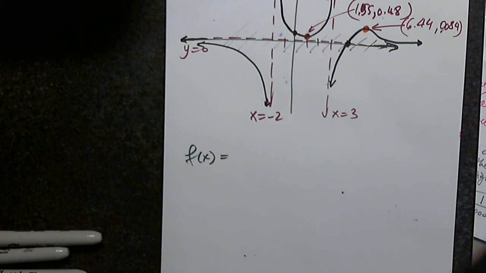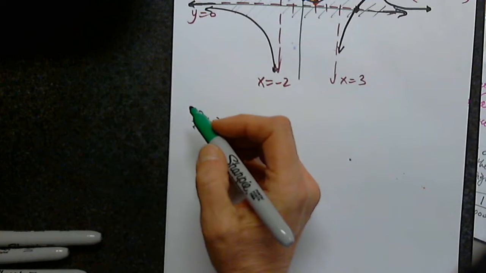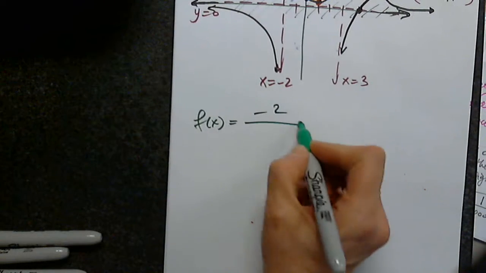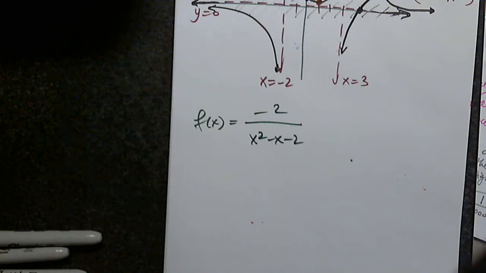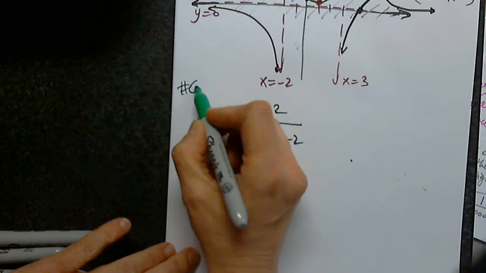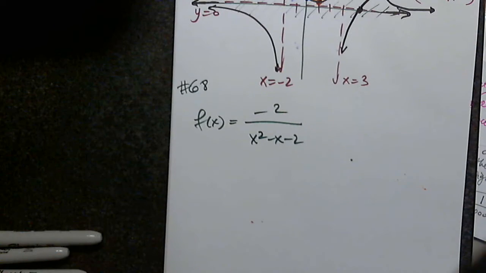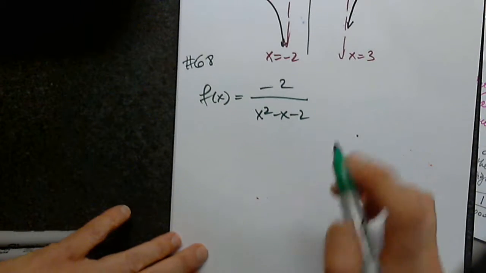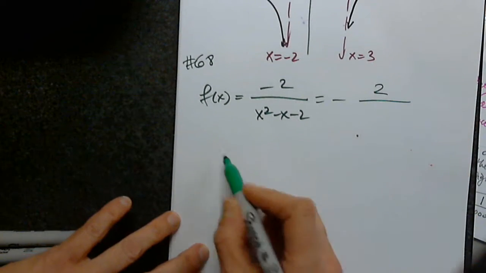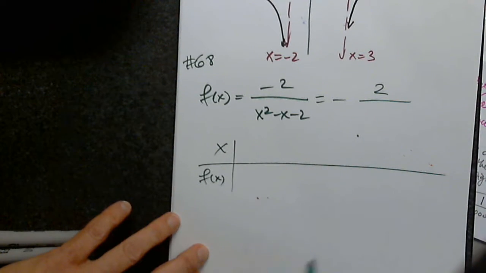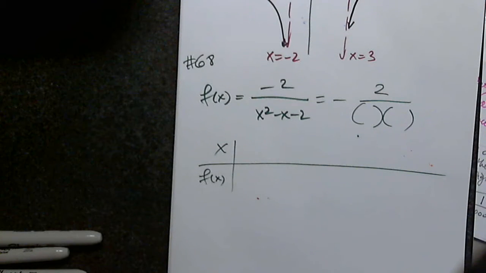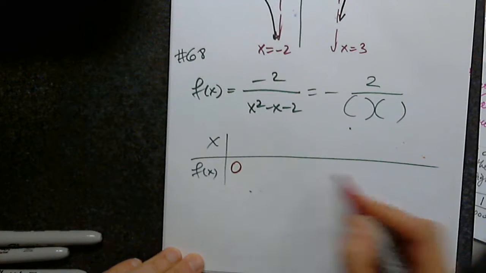Yes? Reese? 68. Let me take a look. Awesome. Is this type 2? Yes, it is. Higher degree in the denominator. What will I do immediately? Good. I will factor the denominator. Do I know the end behavior already? What is it? Very good.